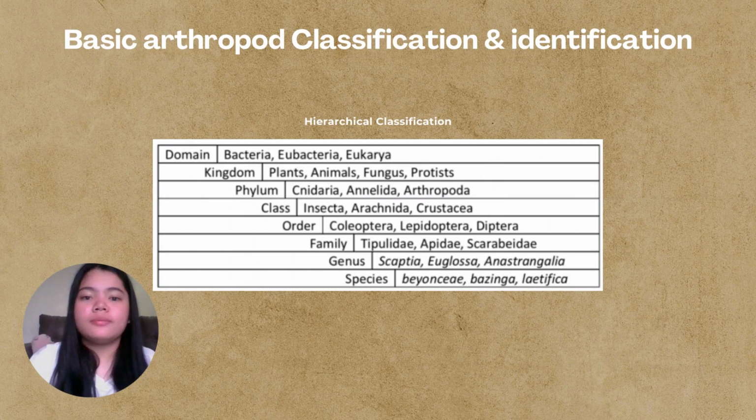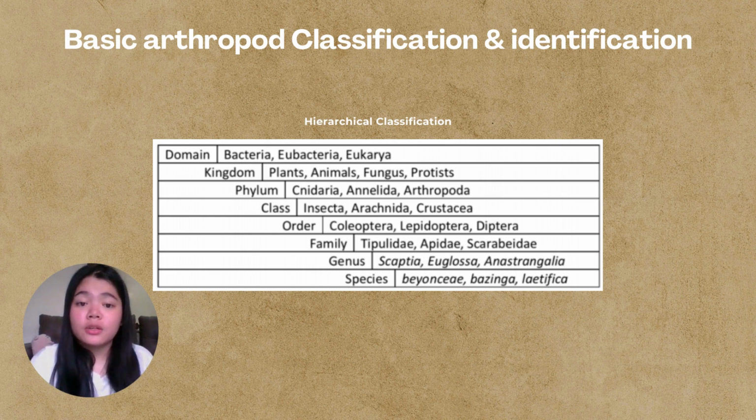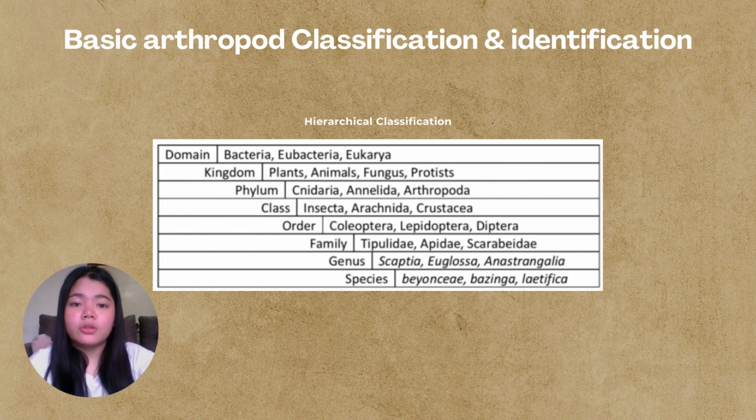Moving on to this slide, aside from the arthropods' morphological characters, one to be considered in the identification of arthropods is the hierarchical classification of every species to determine the certain organisms.